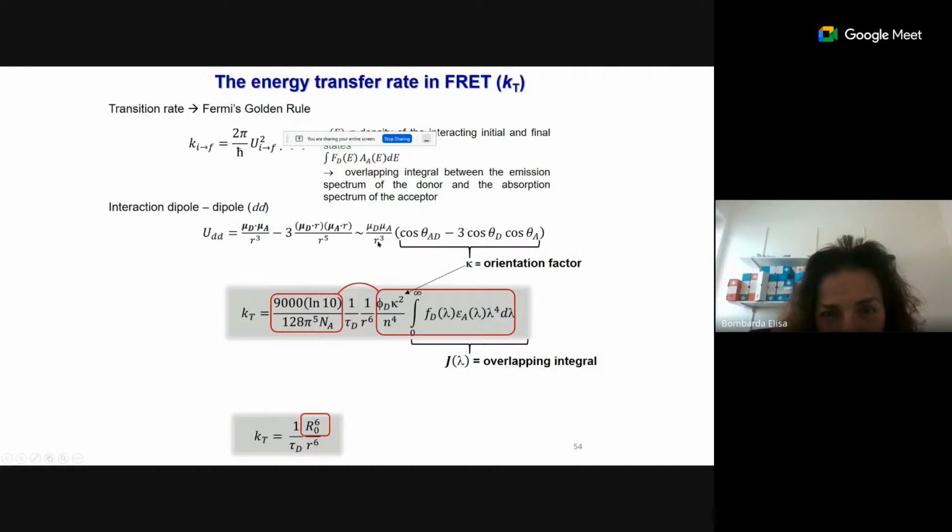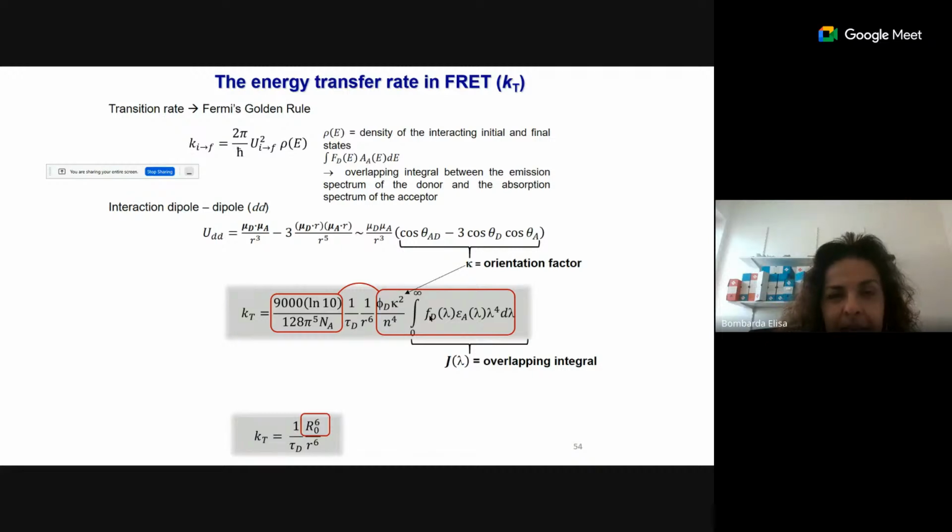So this cubic term that is part of this dipole-dipole interaction, in the square mode due to Fermi's rule, which is giving us the transition rate between the two states, the initial and the final state, provides this R power 6 that we see in the rate.